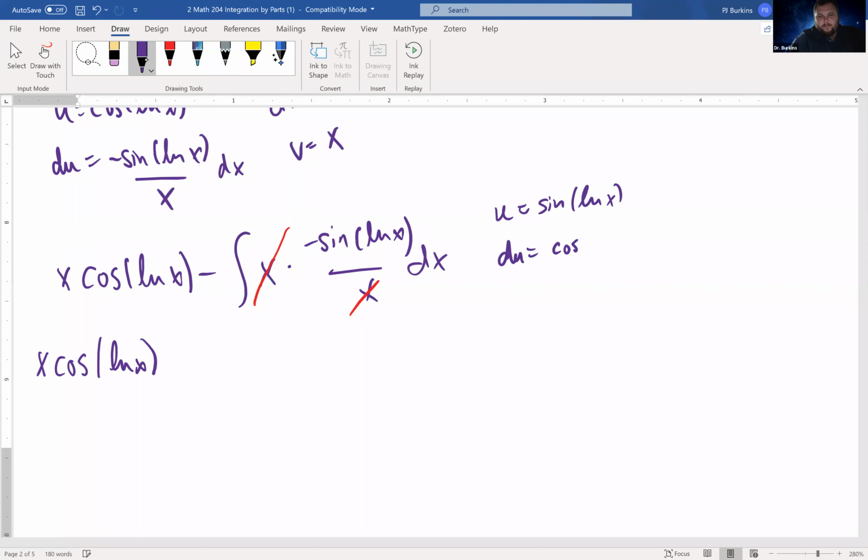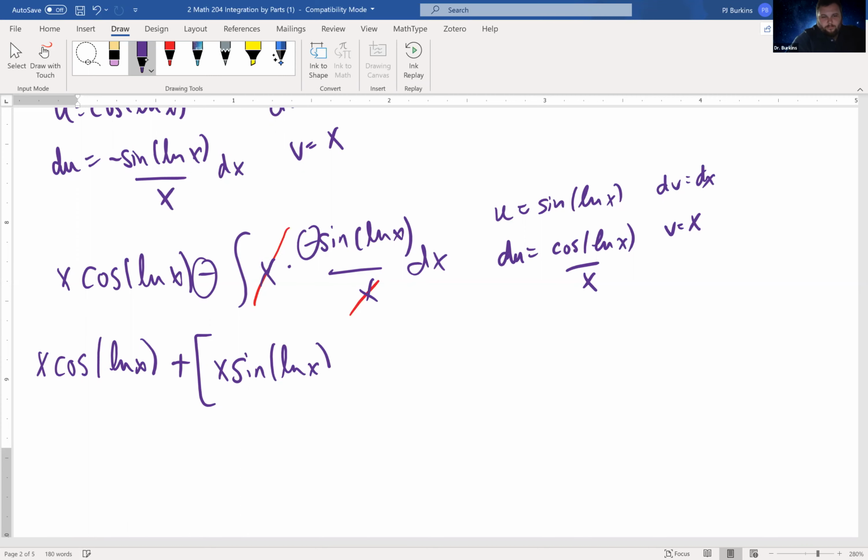Derivative of that. This is now plus because we had minus a negative. And it would be u times v minus the integral of v du.